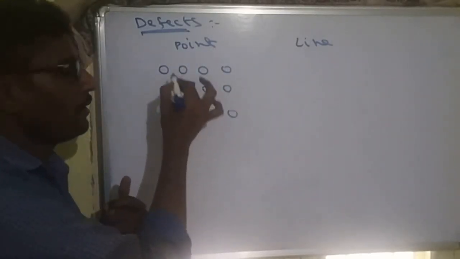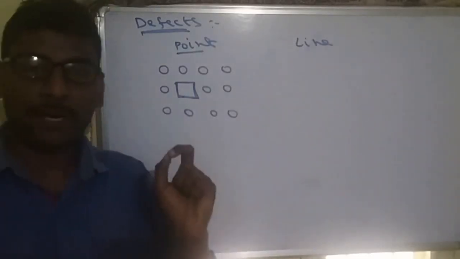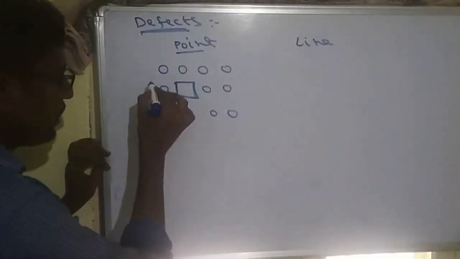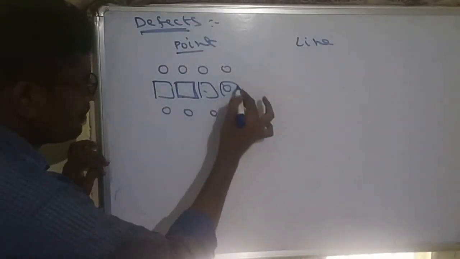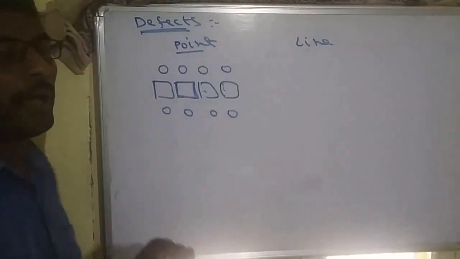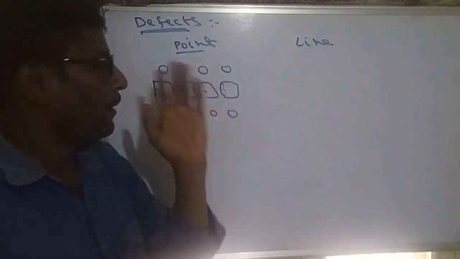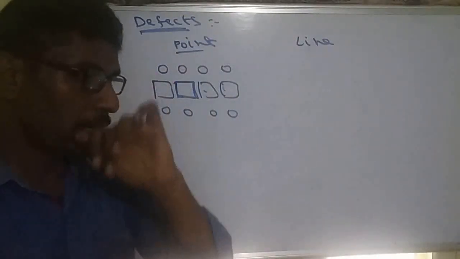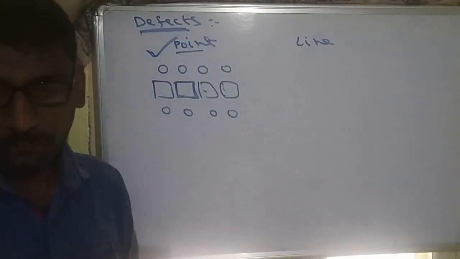That's why this is called a point defect. So point defect means the defect at a particular lattice point. If the defects are present throughout a line, then such defects are called line defects. Point defects exist at a particular point, whereas line defects extend throughout the axis. In this chapter, we only study point defects.